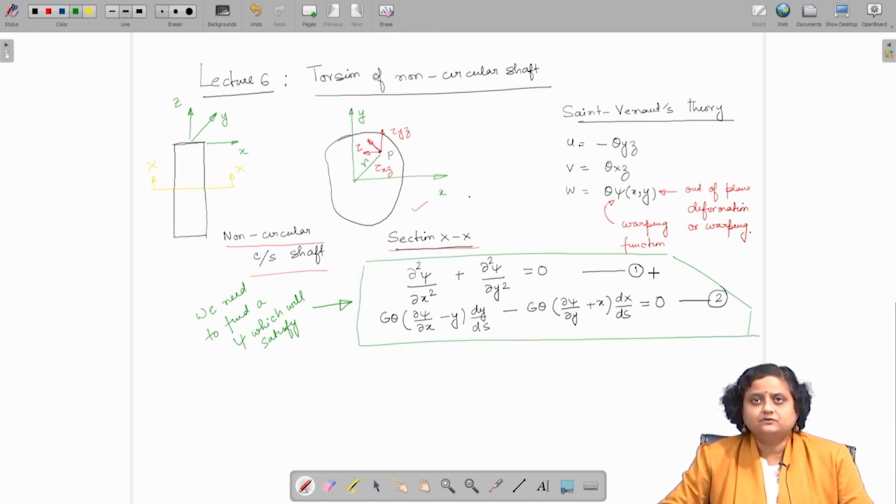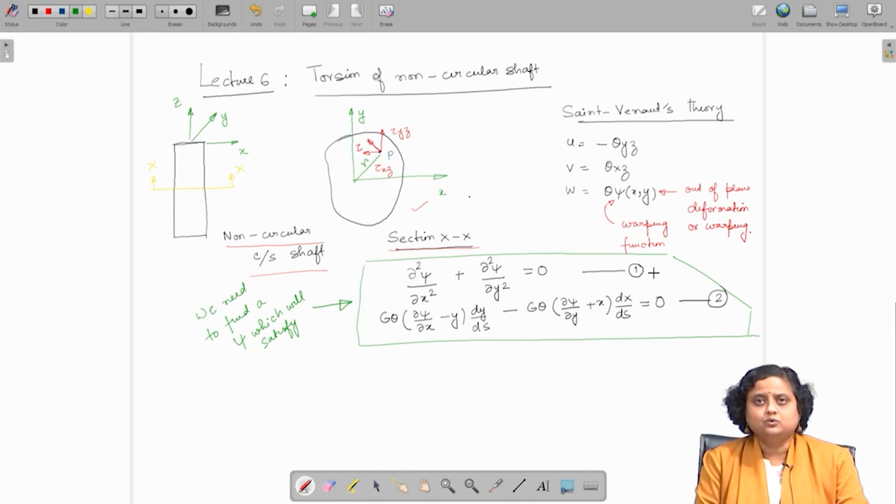Therefore, Saint-Venant's theory, the approach that Saint-Venant has given to solve the torsion problem of a non-circular shaft, though perfectly correct theoretically, is often difficult to evaluate or use from the mathematical perspective, from the difficulty associated with the mathematics involved.